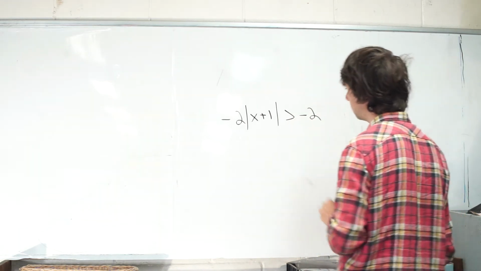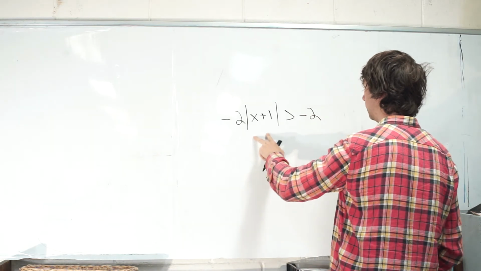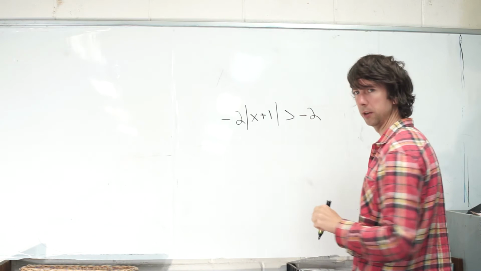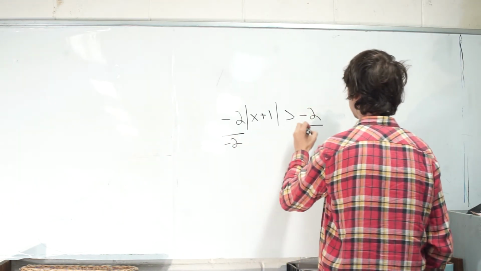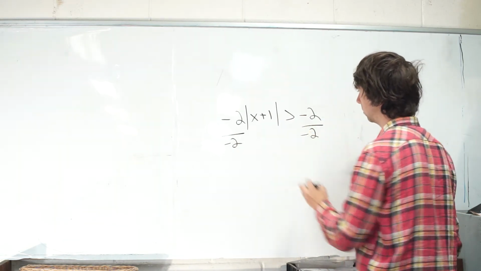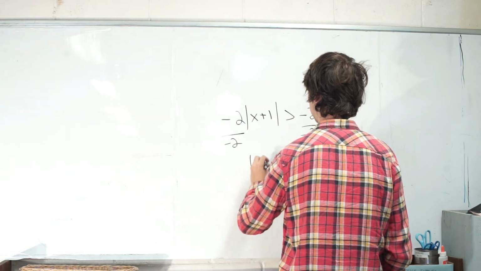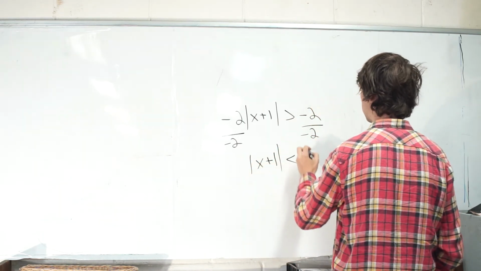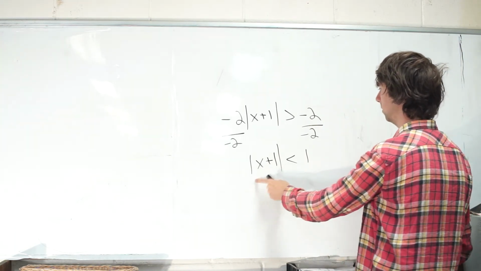So for example here, in order to isolate this absolute value part of the inequality, we need to multiply or divide by a negative. And you have to remember that when you do that, the direction of the inequality sign changes. Okay? So this will change from a greater than to a less than when you solve for this portion.